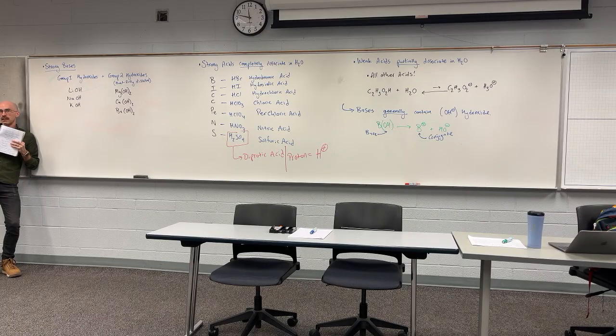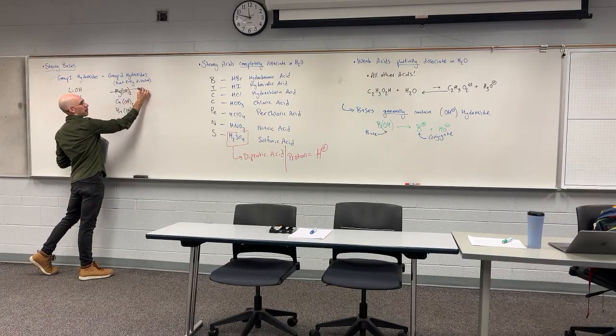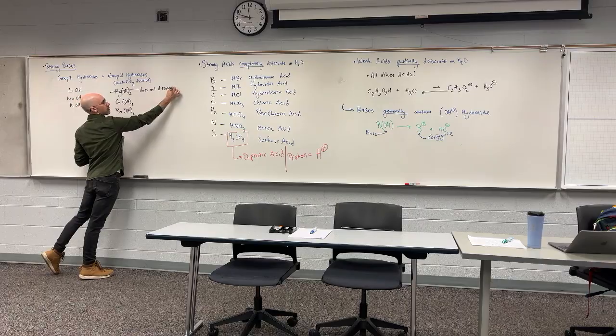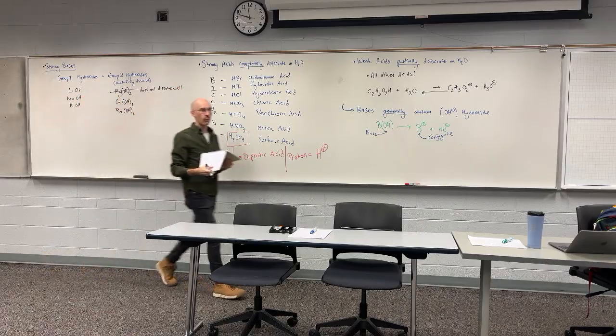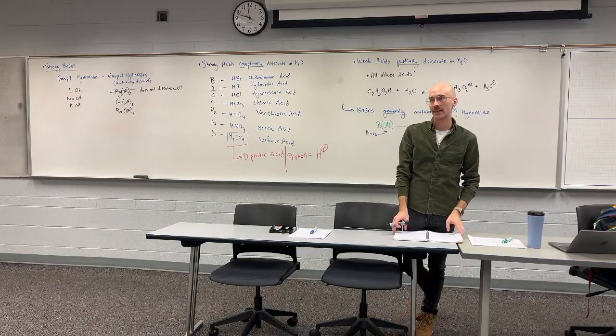Barium hydroxide, an exception to the generally insoluble. Magnesium is not an exception. Magnesium hydroxide doesn't dissolve well. If it doesn't dissolve well, then it's challenging to make it act as a base.